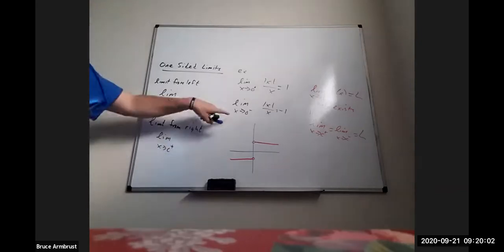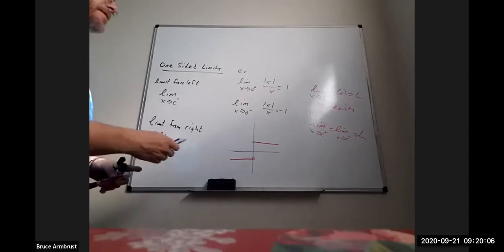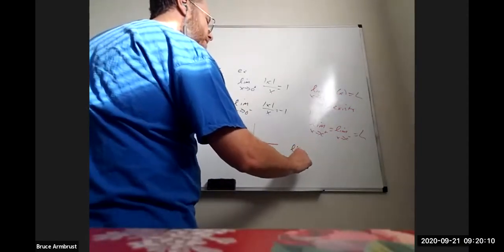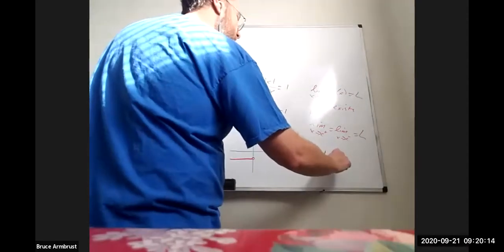So in a situation like this one, with the absolute value of x over x, what we would say is that the limit itself does not exist.